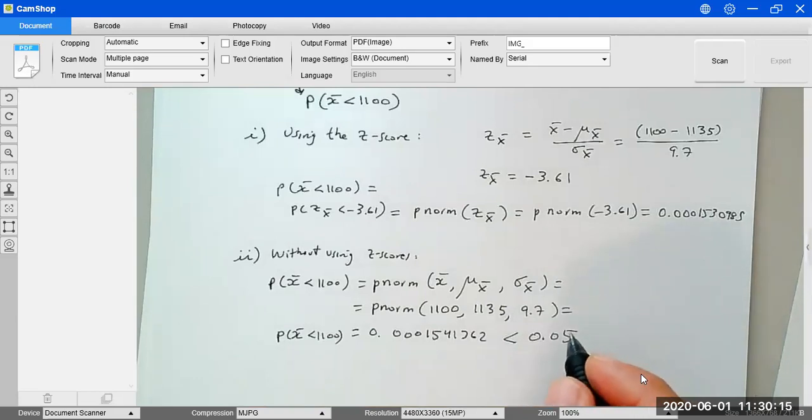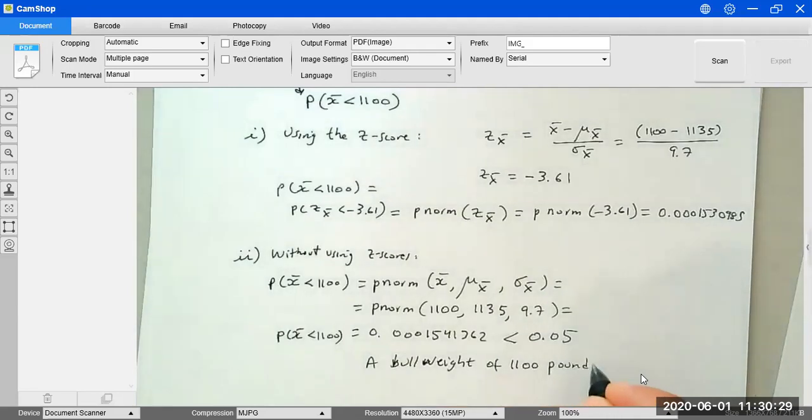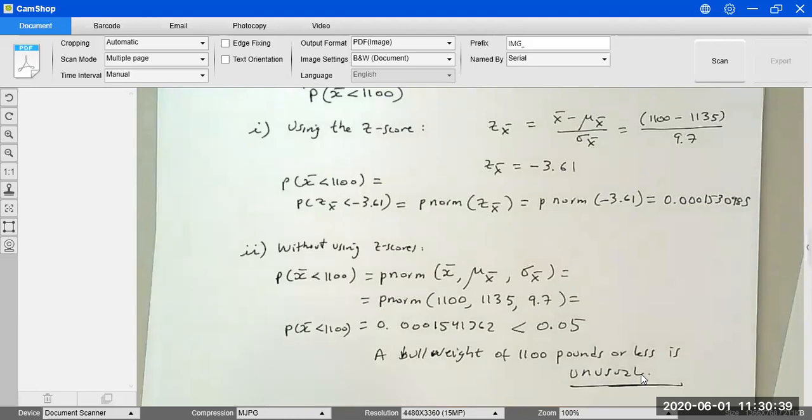So that means that a bull weight of 1100 pounds or less is unusual. So that's the answer for this problem.